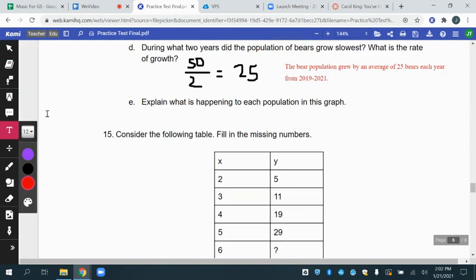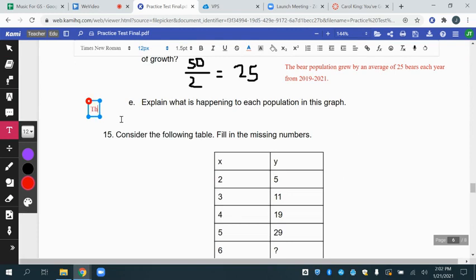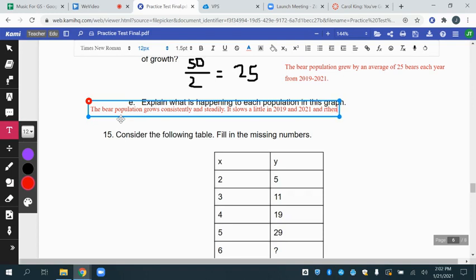So let's go with some information. The bear population grows consistently and steadily. It slows a little in 2019 and 2021, and then speeds up again.